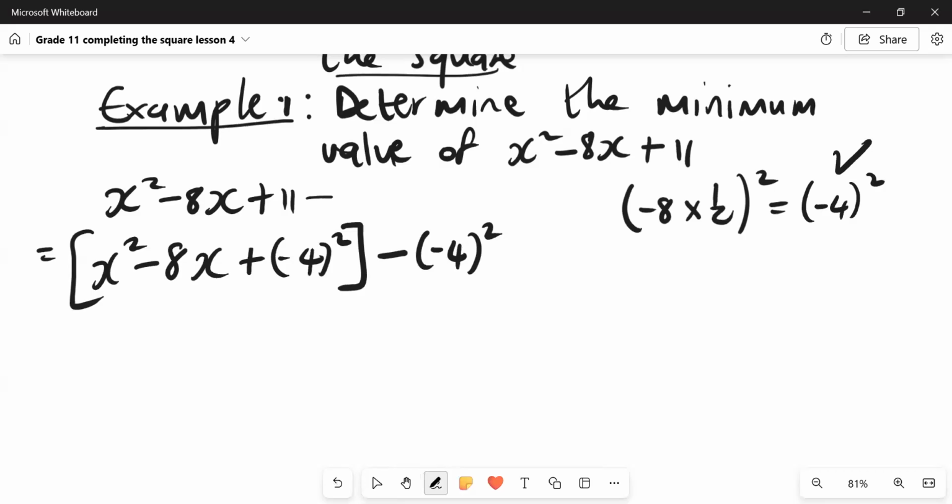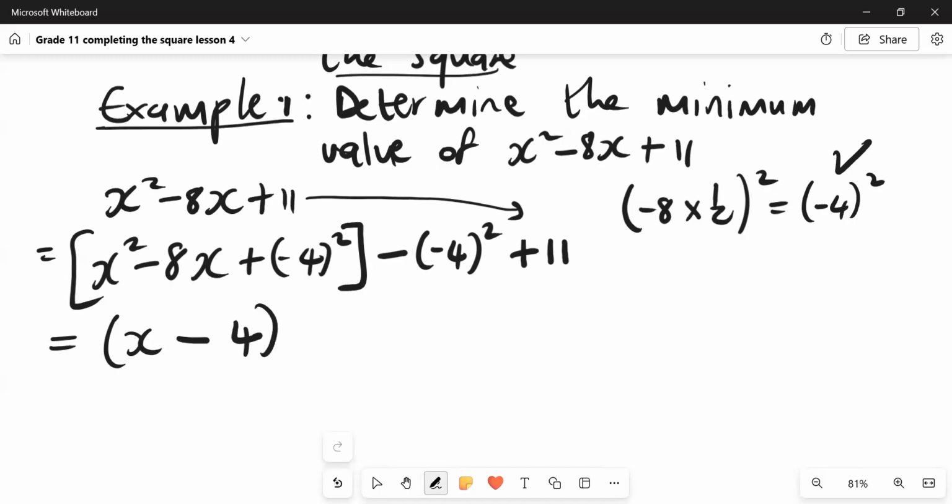And then this one should be outside the bracket, but we don't change the sign. That's plus 11. And then from here, you look for the square root of x squared, that's x, drop down this sign, which is negative. And then this will give us our 4 there. The square root is 4, and then there's a squared. Now, minus, this will give us a negative 16 plus 11. And the final answer will be negative 5.